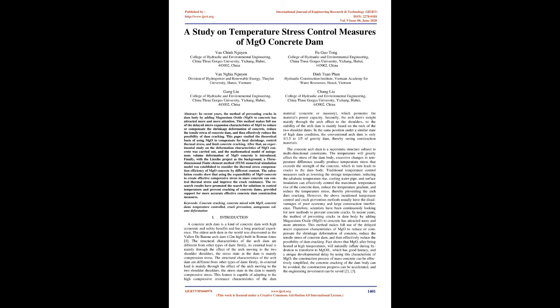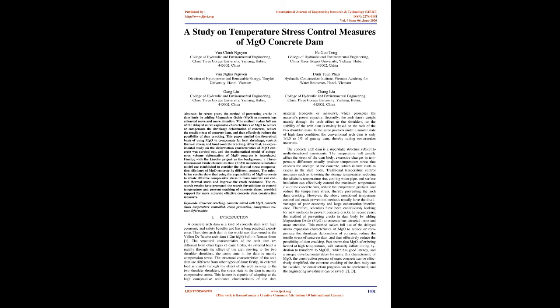In recent years, the method of preventing cracks in the dam body by adding magnesium oxide, MgO, to concrete has attracted more and more attention. This method makes full use of the delayed micro-expansion characteristics of MgO to reduce or compensate the shrinkage deformation of concrete, reduce the tensile stress of the concrete dam, and then effectively reduce the possibility of dam cracking.